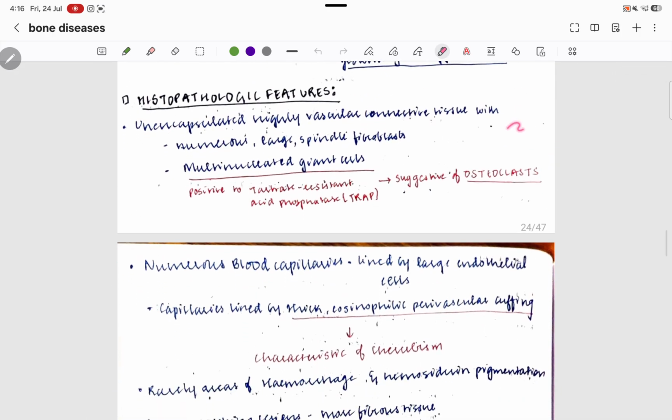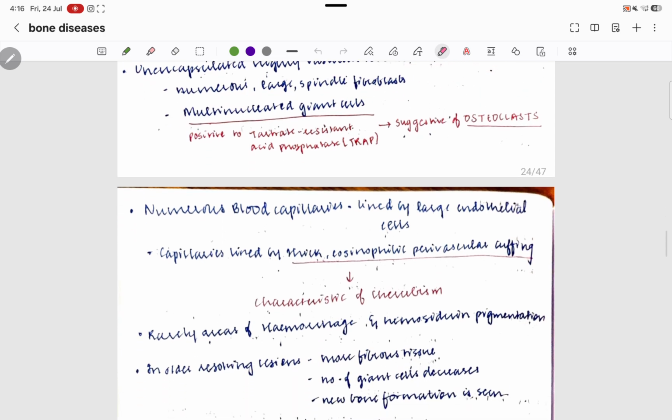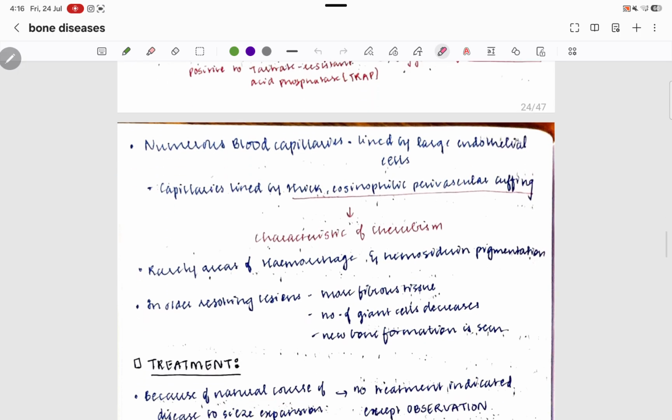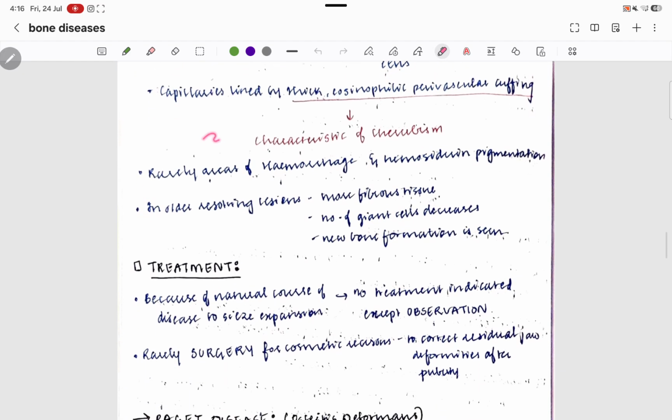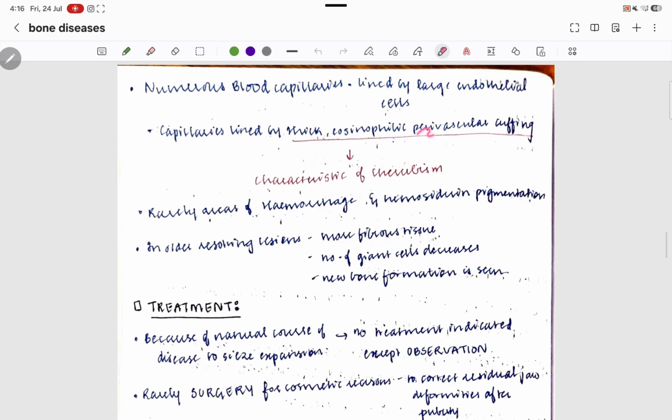So what all do we see? An unencapsulated connective tissue, numerous large spindle fibroblasts and giant cells which resemble osteoclasts, and numerous blood capillaries. The capillaries are lined by thick eosinophilic perivascular cuffing, which is characteristic of cherubism.